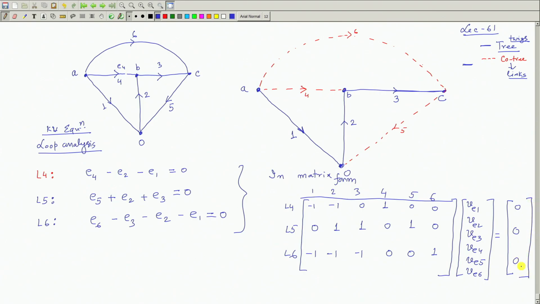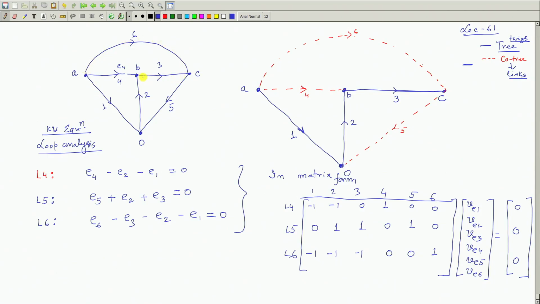So, these are the KVL equations in these 3 fundamental loops, as they are called. Once you have chosen a tree, then the links you know, and involving one link only, write down the KVL equation in the original network, because we have identified the links. So, I will call this the fundamental loop.